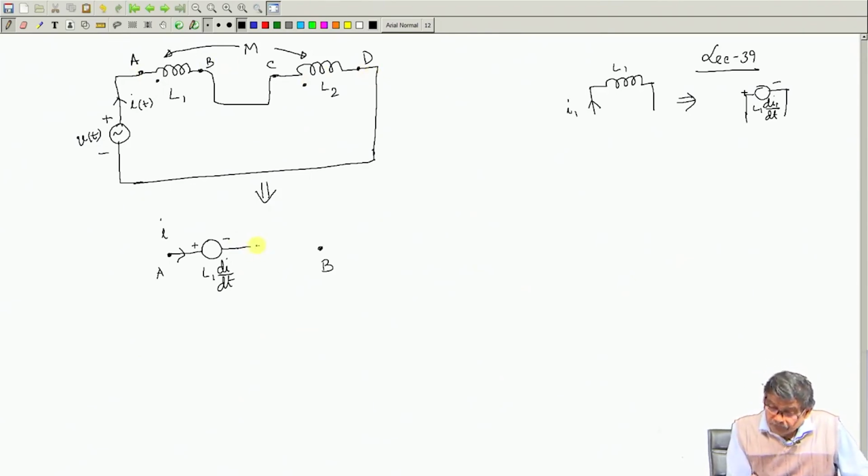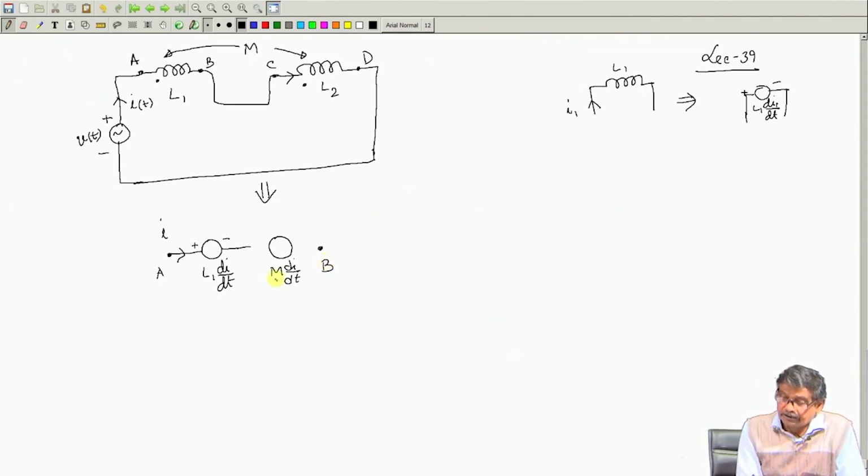Therefore, because of current in this coil, there will be an induced voltage in the coil AB, which will be M di/dt.